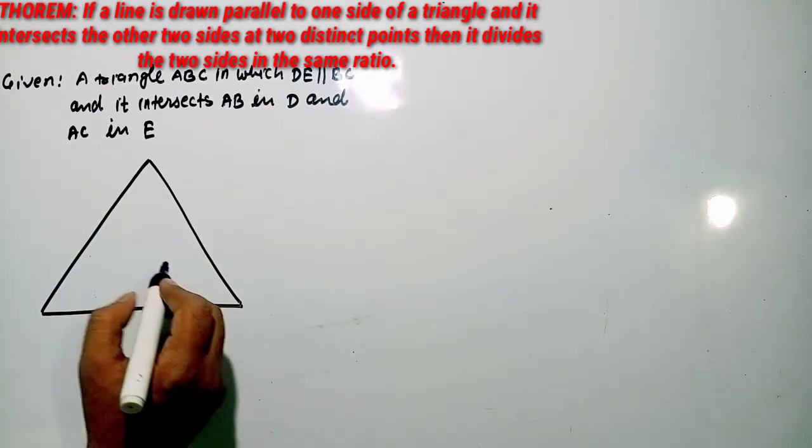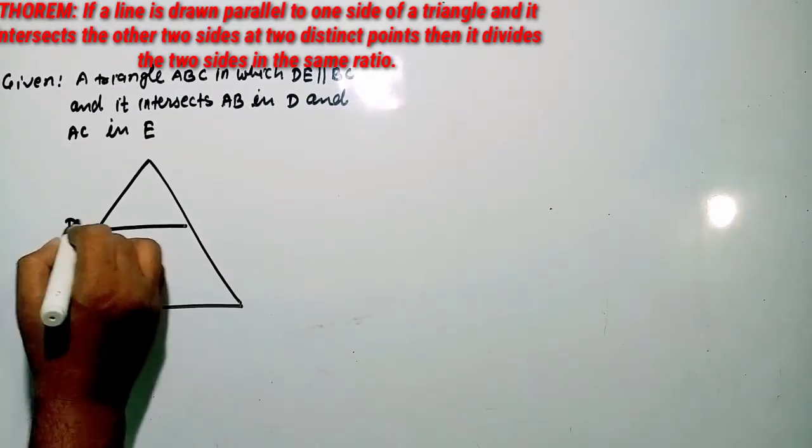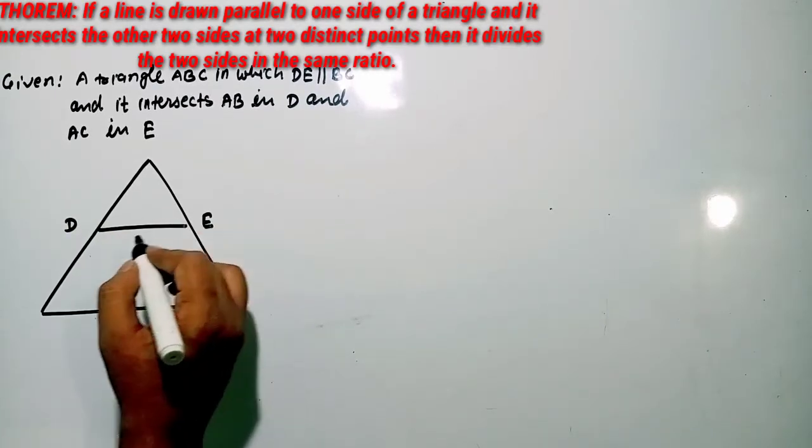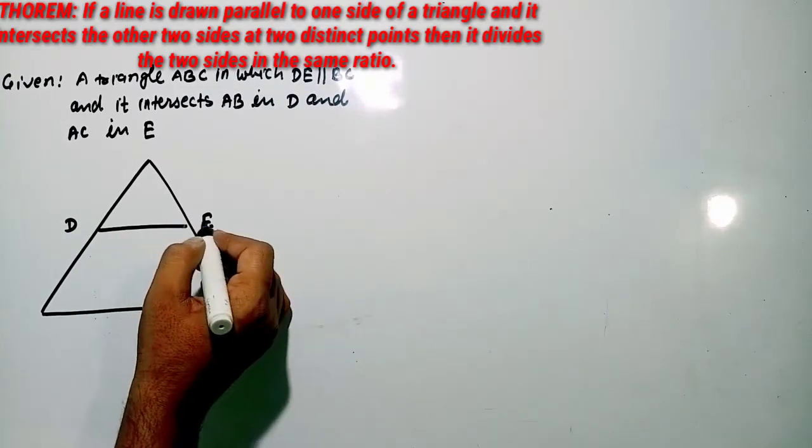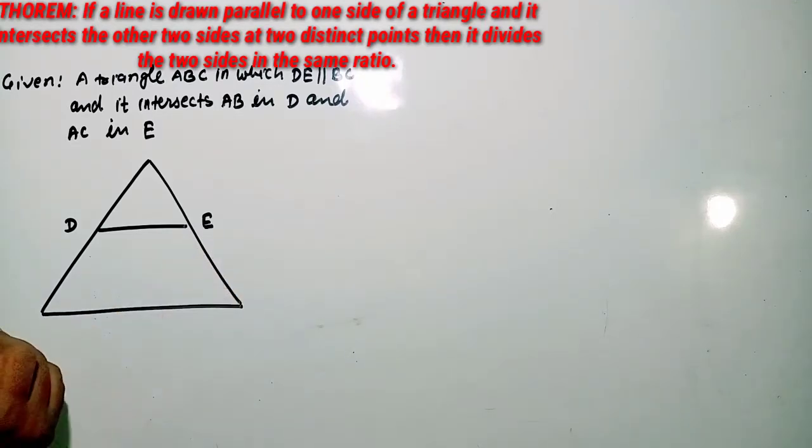So suppose this is a triangle ABC. Here is the parallel line DE which is parallel to BC, right students?